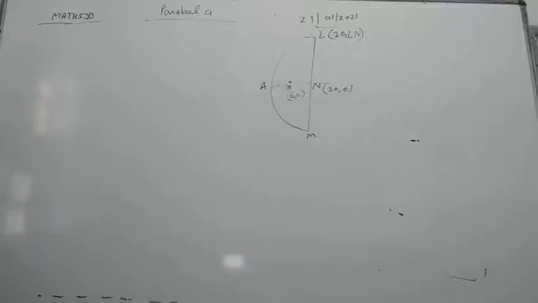Now student, we have to find the length of this LM. And you know the length of LM is 2 times the length of LN. And we don't have LN. So students, its focus is (6, 0), as we see from the given figure.